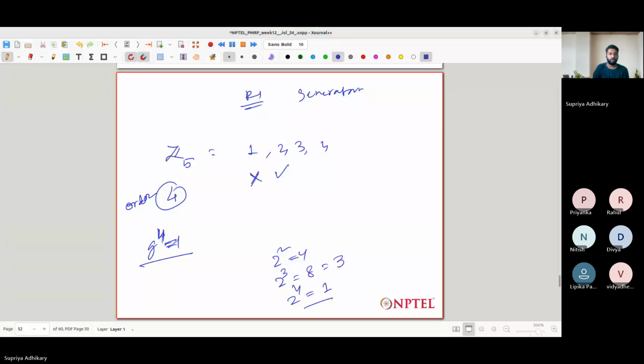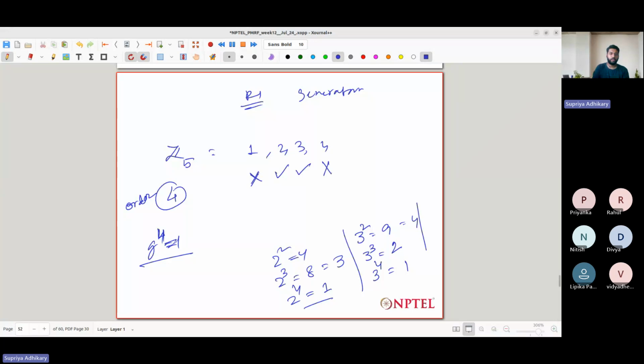Similarly, 3 squared is 9, so in mod 5 that is 4. 3 cubed is 27, and in mod 5 that is 2, and then 3 to the 4 is actually equal to 1. So 3 is also a generator, but not 4.